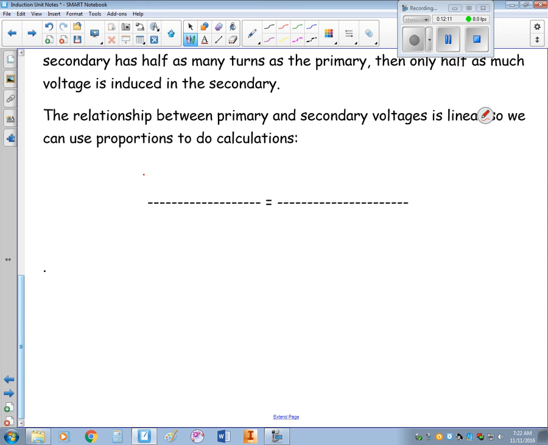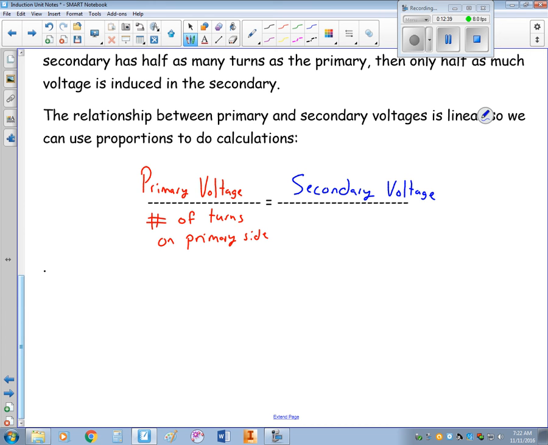So we have the primary voltage, and then the number of turns, equals the secondary voltage over the number of turns on the secondary side. So the math is very, very simple and straightforward.